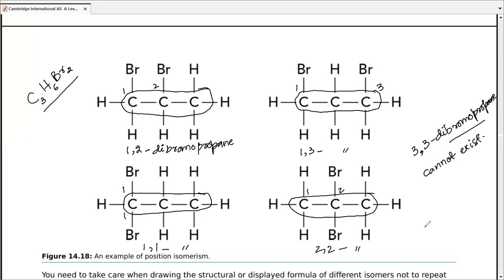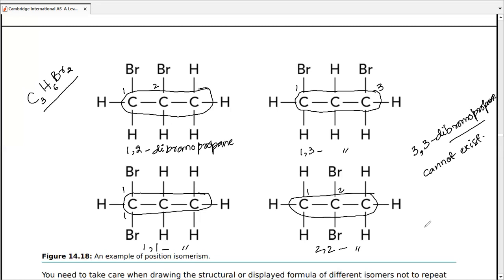Anyone? Come on, this should be easy. Since you have studied the rules of nomenclature with me, you can easily tell me why this is a wrong name, or why this name can be corrected into a name we have already considered in these four examples of position isomerism.